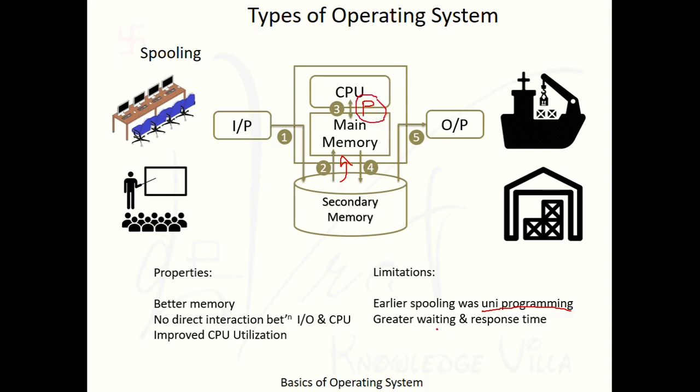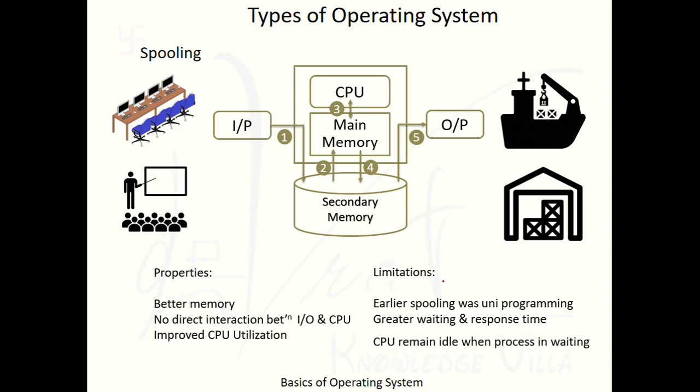So that's why there is a greater waiting and response time. Waiting time means the time when processes are waiting for the CPU. And the time when that particular process gets the CPU for the first time is known as response time.